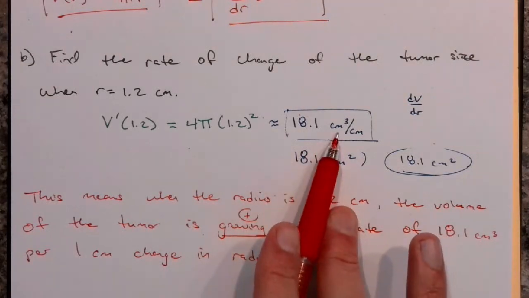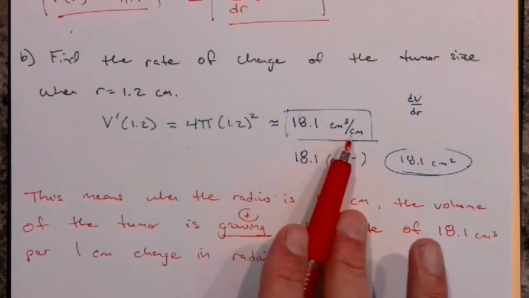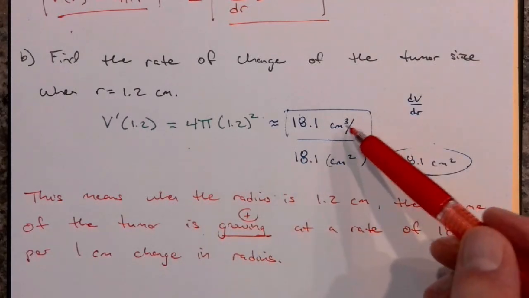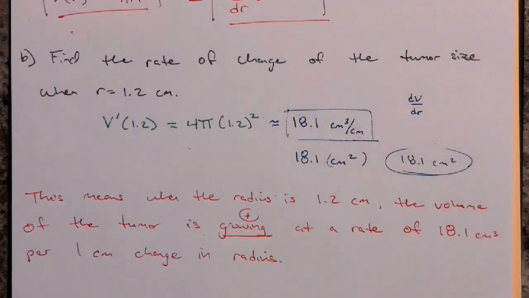But the centimeters cubed per centimeter is telling you the change in volume per every 1 unit change, in this case centimeter, of the radius. When you find an answer like this, it's always per every 1 unit change of whatever was in the denominator. So when the radius is 1.2 centimeters, at that instant, derivatives are the instantaneous rate of change at a point, the volume of the tumor is growing at a rate of 18.1 centimeters cubed per 1 centimeter change in the radius.